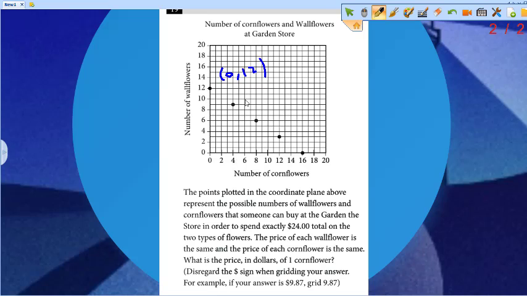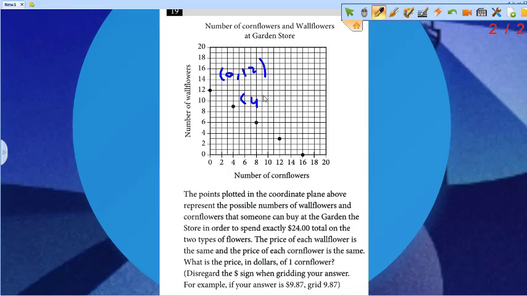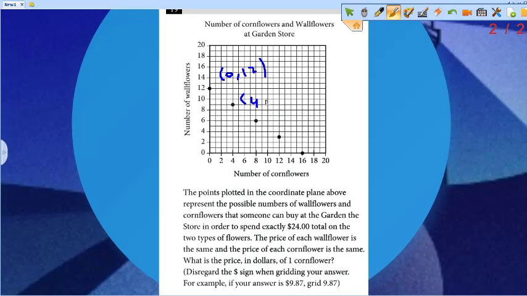If we take this point, yes, (4, 9). Why is it scattered? Because you can't buy 1.5 flowers.